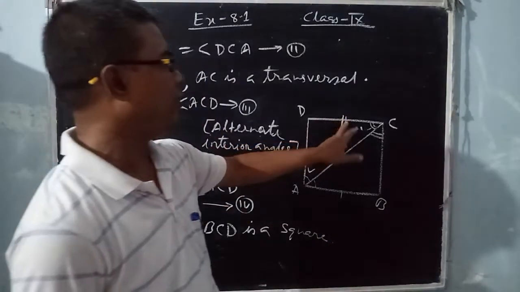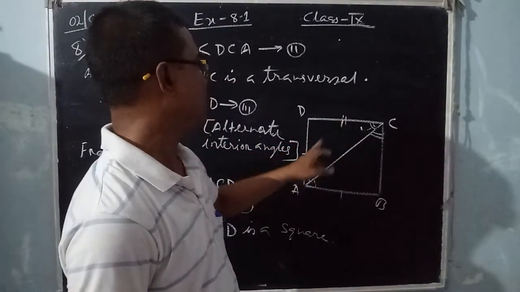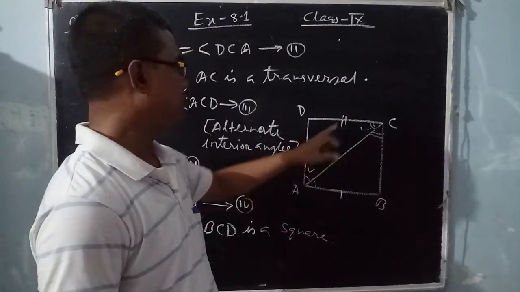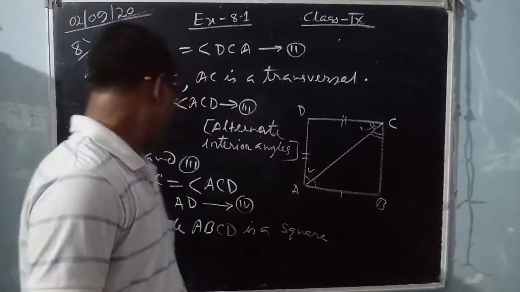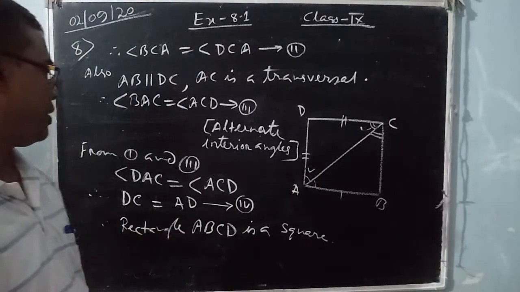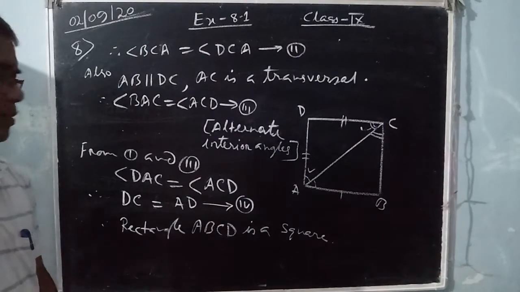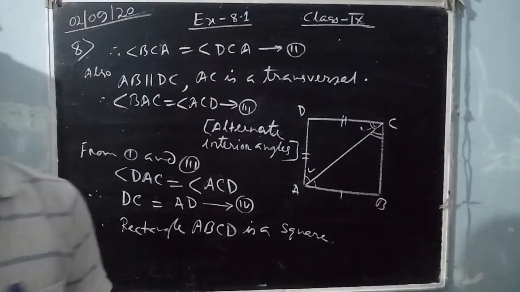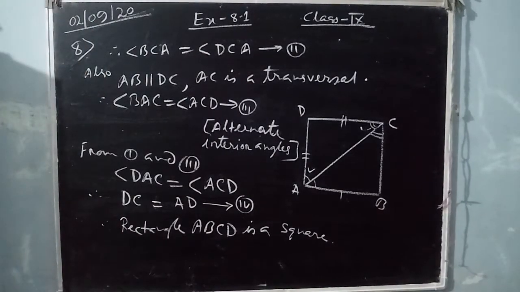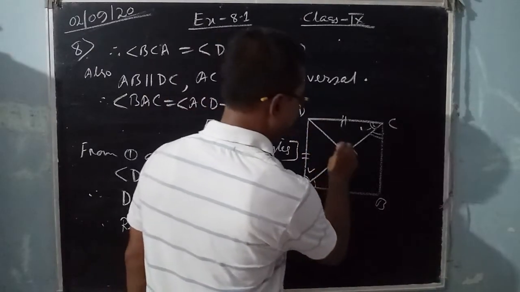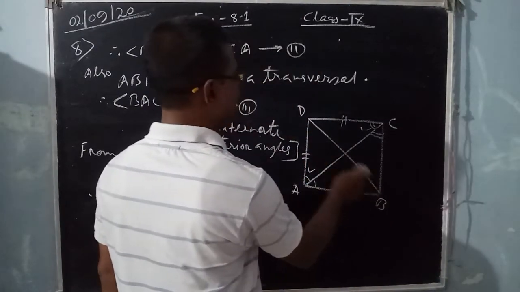Because in a rectangle opposite sides are equal and these two consecutive sides are equal. Ultimately, all sides are equal. Therefore, rectangle ABCD is a square. After this, come to the next part: diagonal BD bisects angle B as well as angle D.